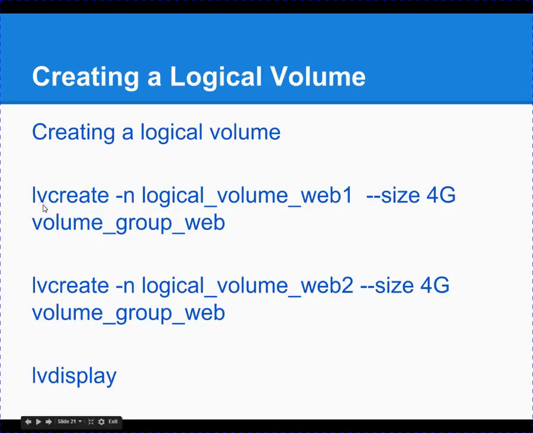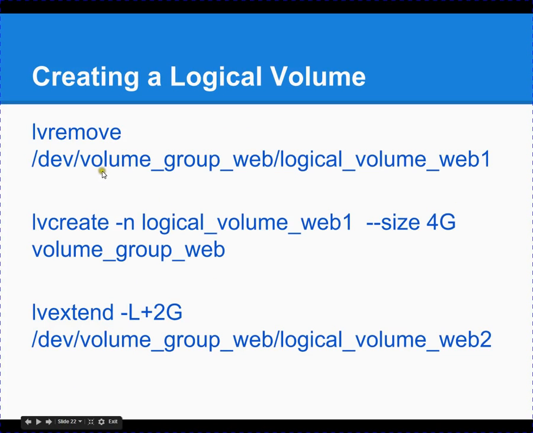When you create a logical volume, you're going to use lvcreate, no surprise there, -n, and then you're going to provide the name of the logical volume that you want to create, and then you're going to do --size and put the space that you want to use, and then you're going to list the volume group that you're going to use to create this logical volume. So I've created 2: a logical volume web1 and a logical volume web2. And if you want to see what you have, you do an lvdisplay.